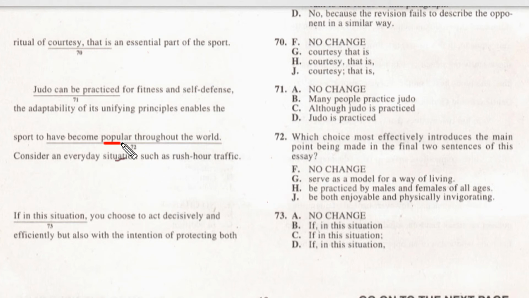Is this about being more popular? Is this a model way of living, being gentle and respectful? Or is it popular? Or is it practiced by men and women? Or is it more enjoyable? Well, a gentle sport that's respectful, that benefits your opponent, I feel like being respectful and being gentle is a great way to live. Answer choice G for problem number 72, kids.